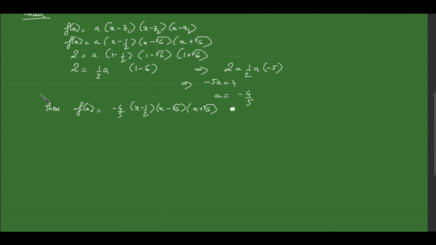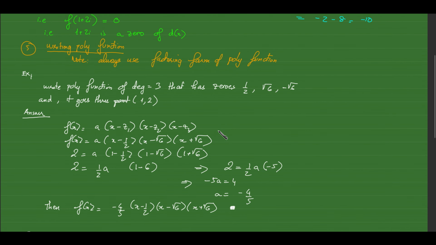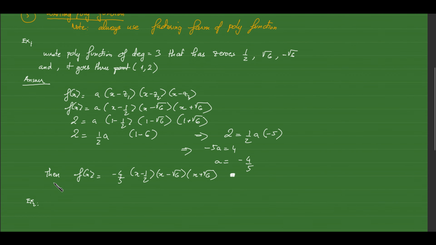Example number 2: write a polynomial function of degree 4 that has zeros 0, 1, negative 2, and i.